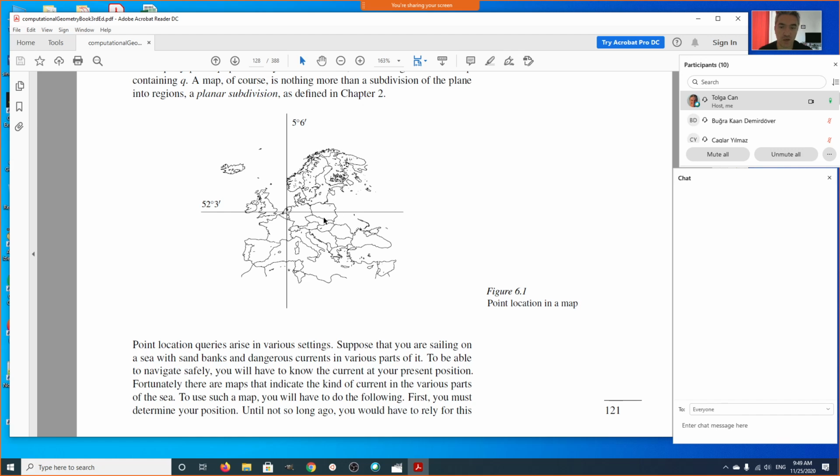You try to figure out its longitude, and after you find the thin vertical slab that your point is in, that vertical slab will have only line segments sorted from bottom to top, and then you perform another binary search on those line segments. These two binary searches, log n plus log n, give us O(log n) search time.